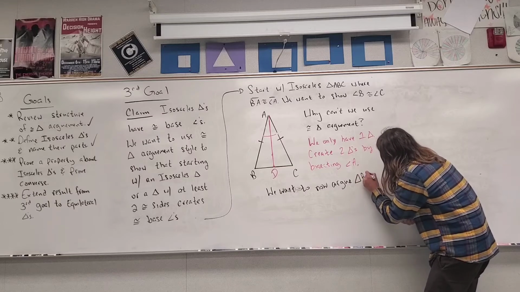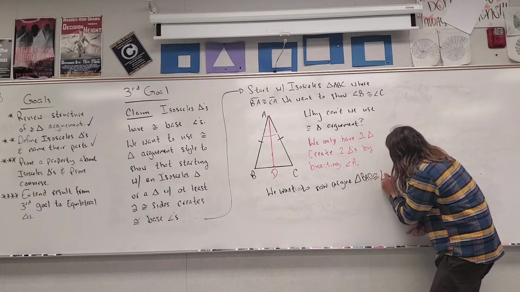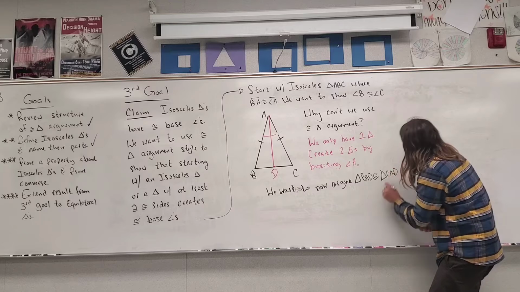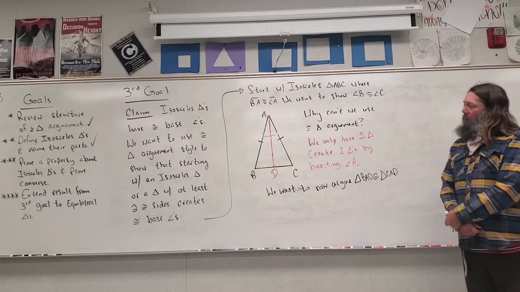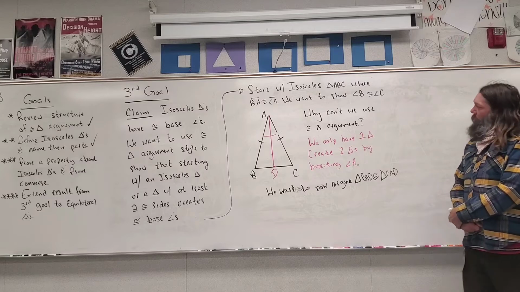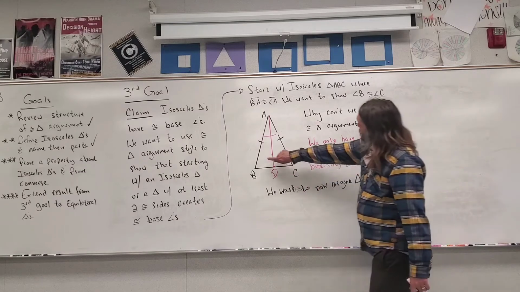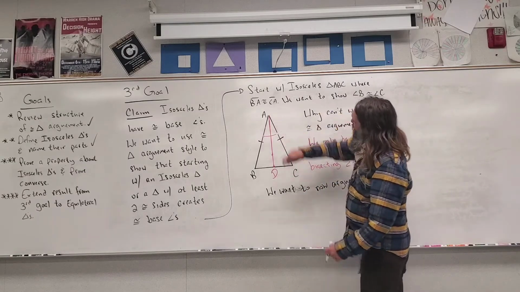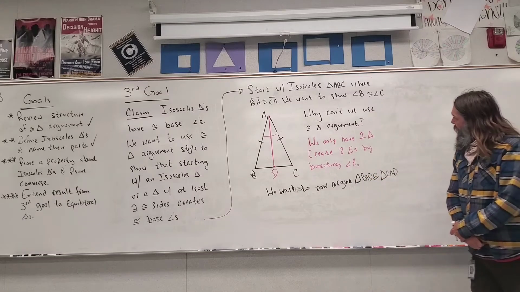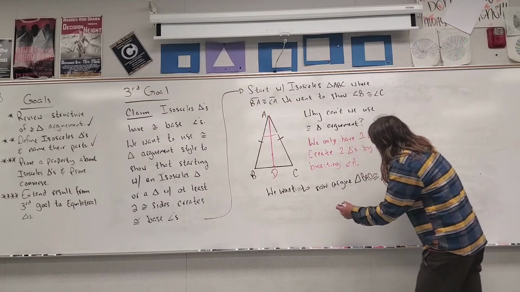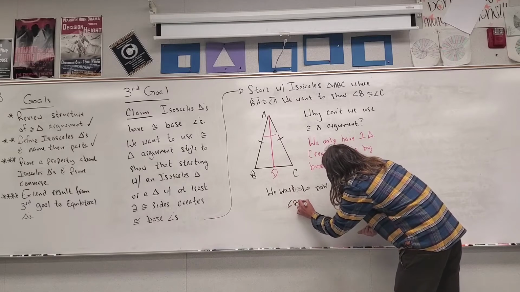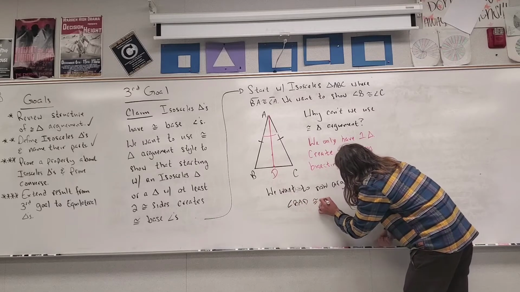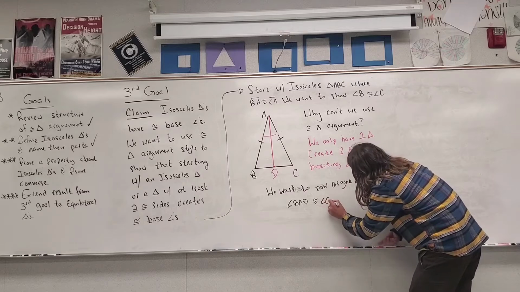Triangle BAD is congruent to triangle CAD. Now there are some congruences, right? For example, we know that we have congruent sides to start off with, but I also have congruent angles, and I know that angle BAD is congruent to angle CAD.